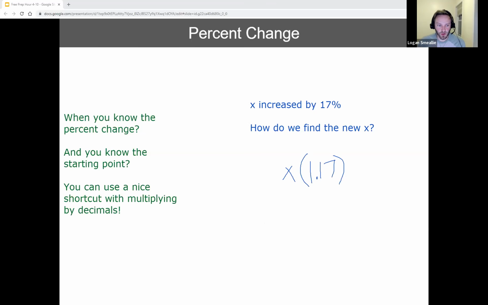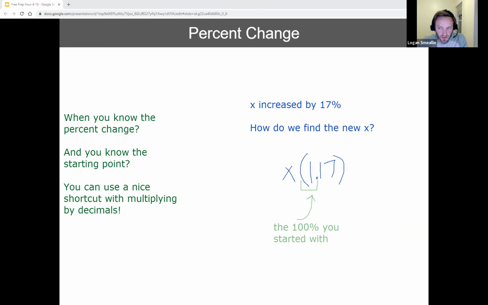Where is that 1.17 coming from? The 1, if you multiply X by 1, it just stays the same, right? So the 1 part itself is just the 100% you started with.